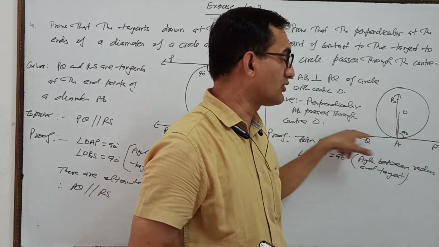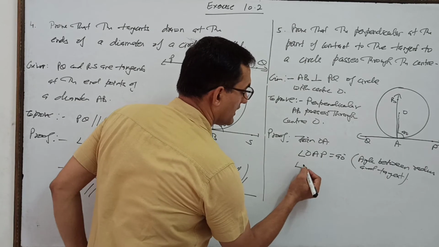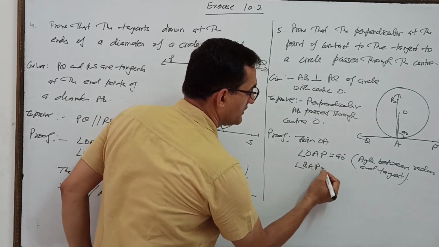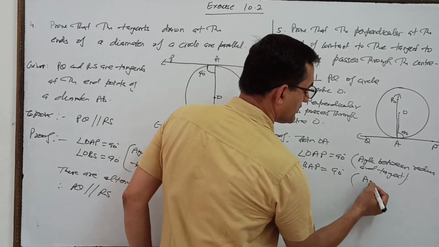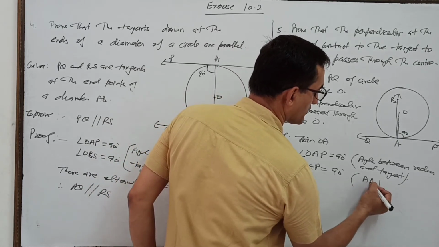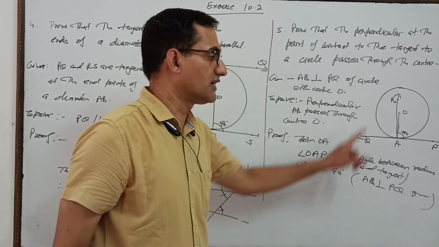AB is perpendicular to PQ, which means angle BAP is also equal to 90. Reason: AB is perpendicular to PQ. This is given.